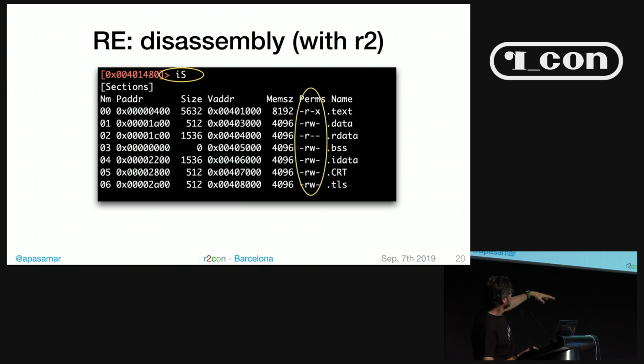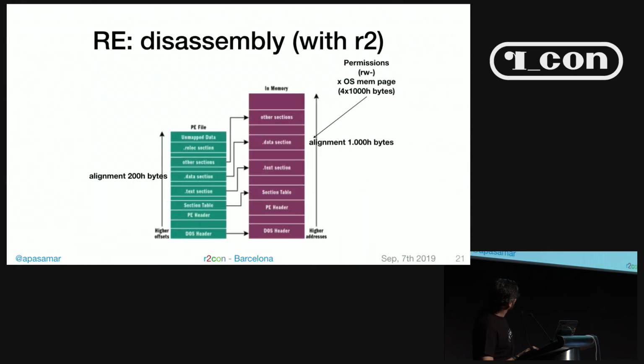It's important to check these permissions in order to see if there is something strange. The typical text section where code is located should have only read and execute permissions, but sometimes it has write permissions. If it has a W there, it means that maybe it's going to modify itself, and it could be a typical malware behavior. Also, the alignment is important to understand this.